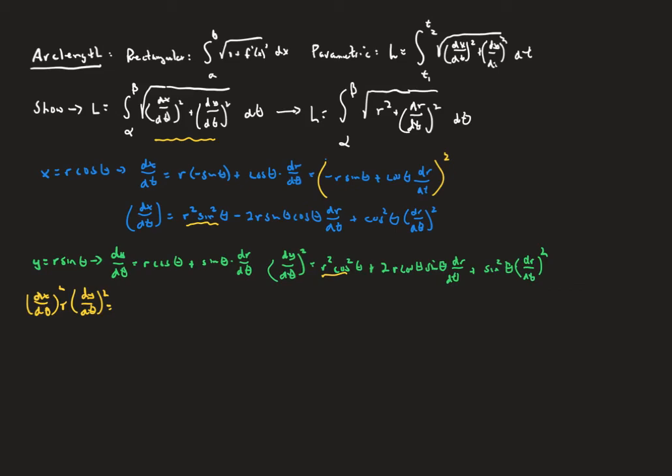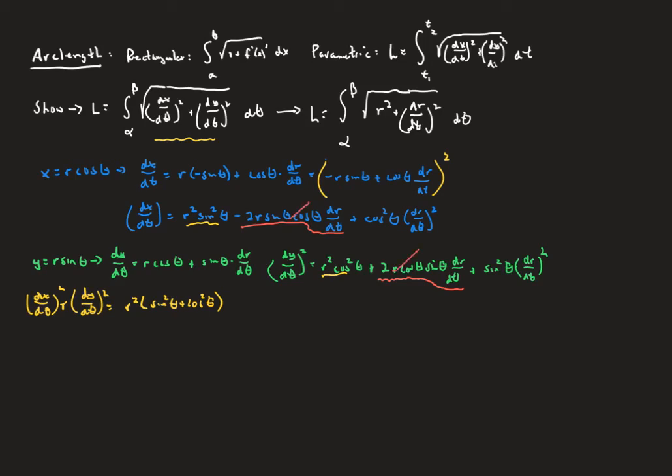I'm going to factor out the r squared, so that's r squared times sine squared theta plus cosine squared theta. That was really nice. We can also see that the minus 2r sine theta cosine theta dr/d theta is going to get added to the 2r cosine theta sine theta dr/d theta, and they're going to cancel each other out.